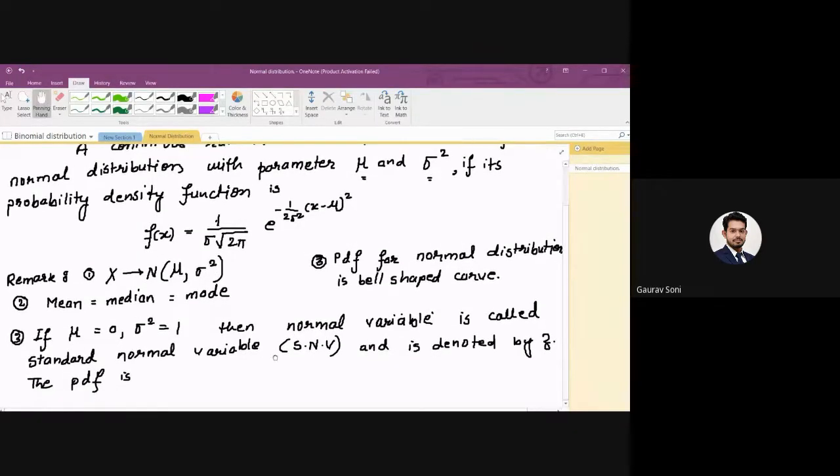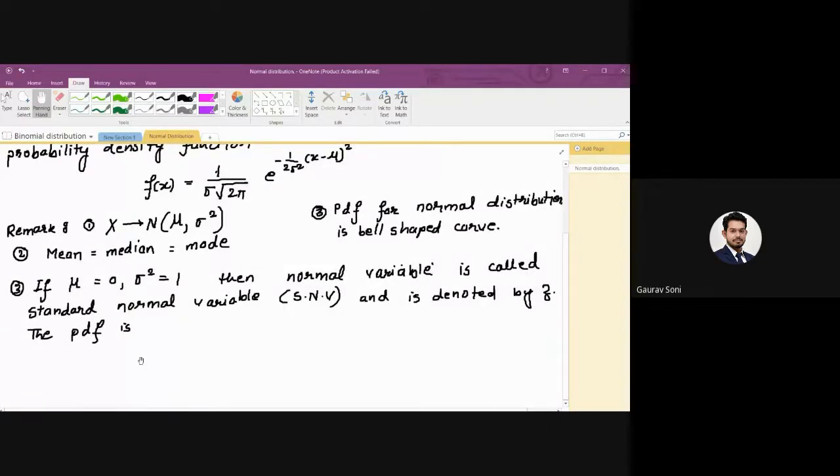By looking at the above function, your f of z will become 1 upon under root 2 pi, e power minus 1 by 2 into z square. The new variable you are defining is z, right?